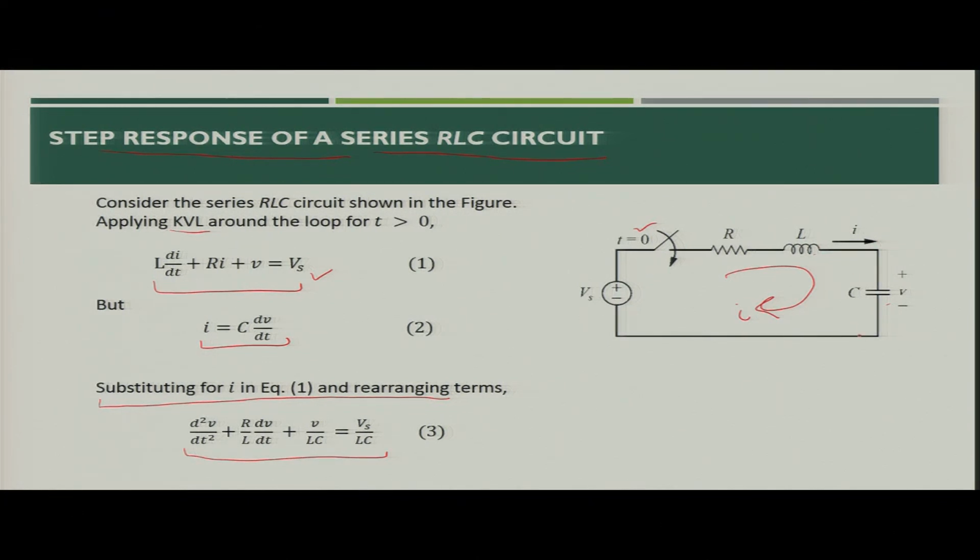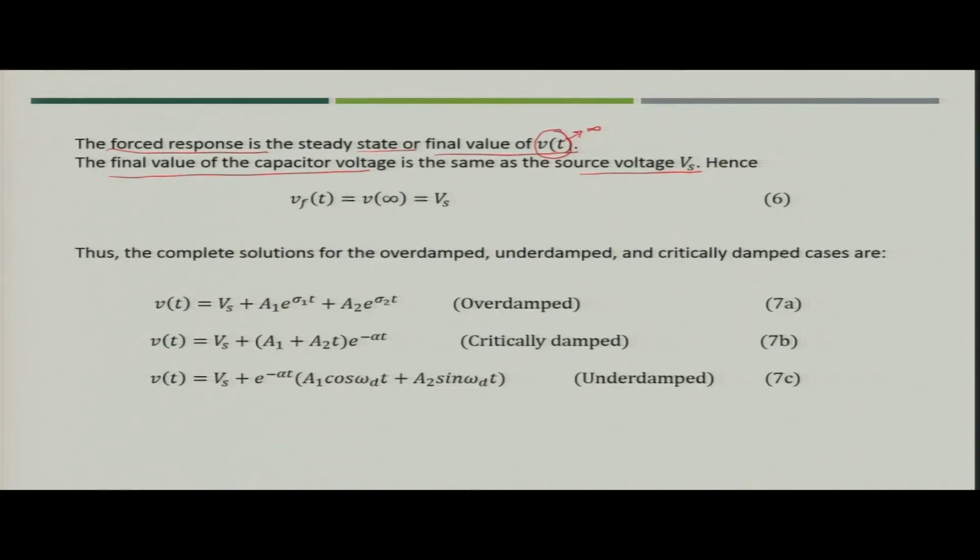So, you will finally get the capacitor voltage equal to Vs. The same value we will use, and we will say that the forced response is nothing but the source voltage. So, this we have got.